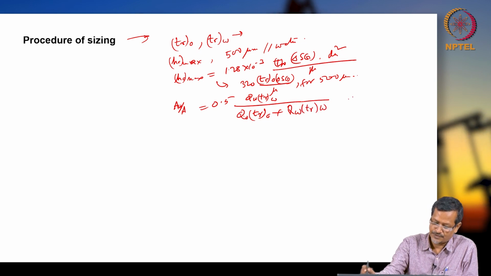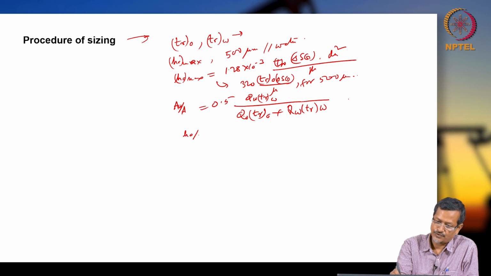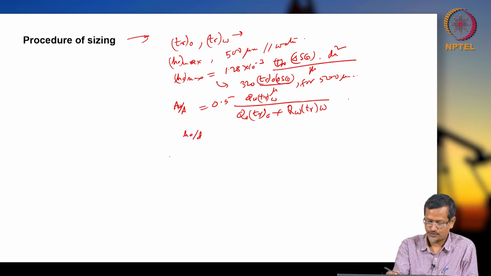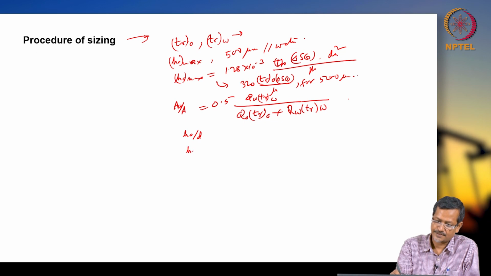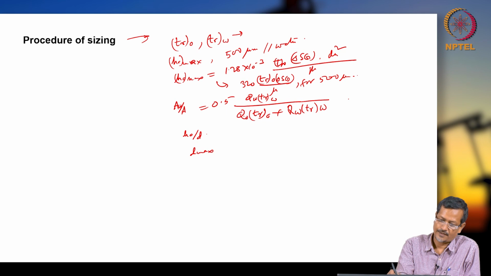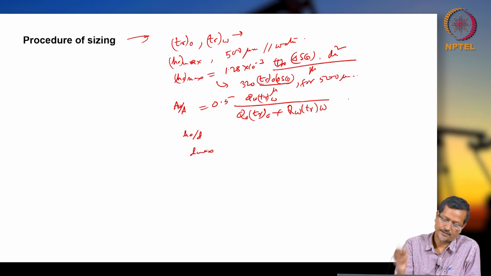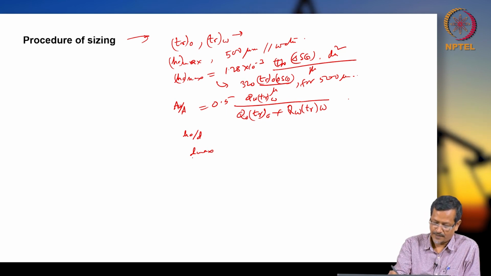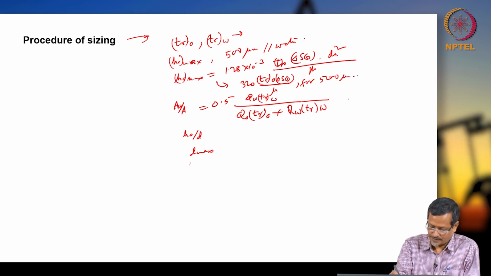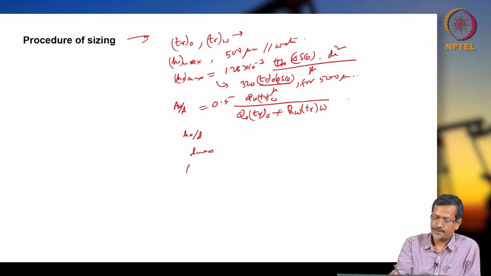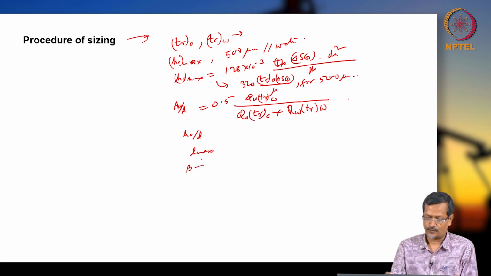Then you calculate HO by D. Once HO by D is done, again calculate HO max, calculate D max. Once you get HO by D, you can get D max. Then after that you can get beta from the table and calculate again.